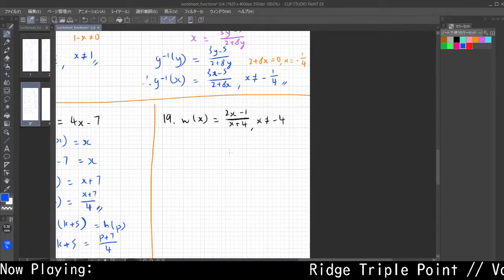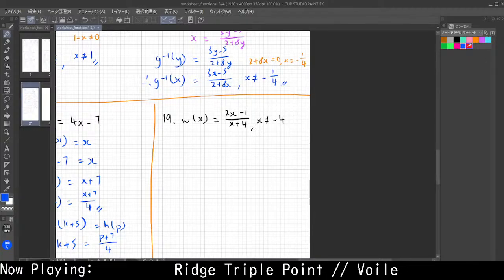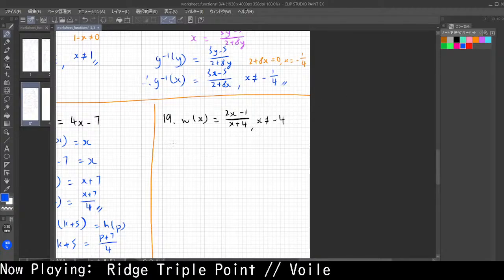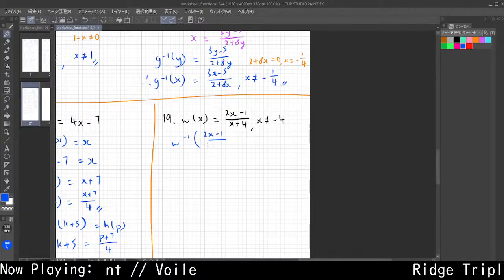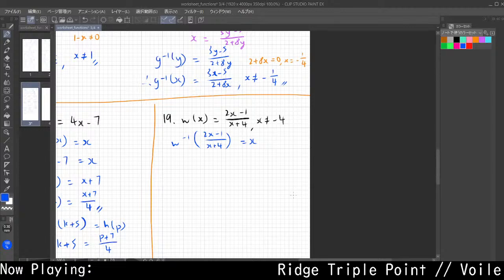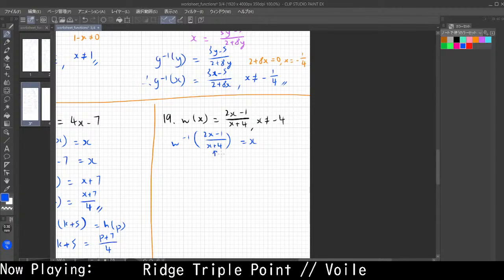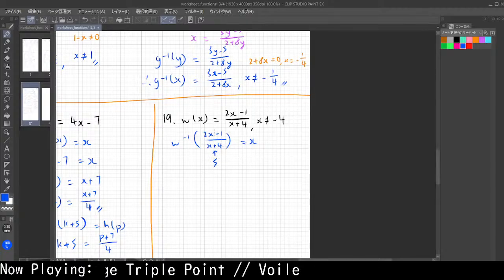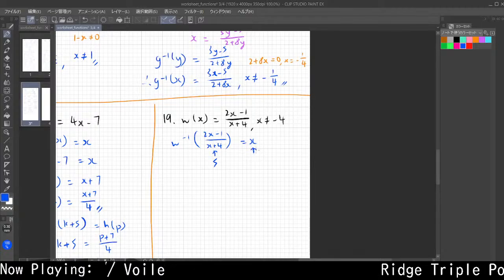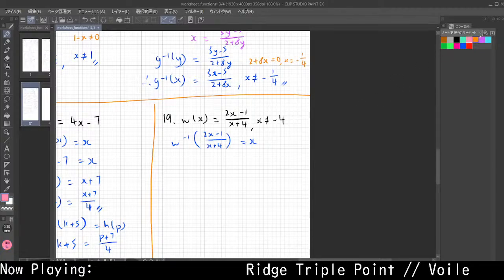Same thing if you swap places. I will get W inverse of (2x minus 1 over x plus 4) equals to x. So I can just directly substitute 5 into here and solve for x, and the x I get will actually be this x over here.